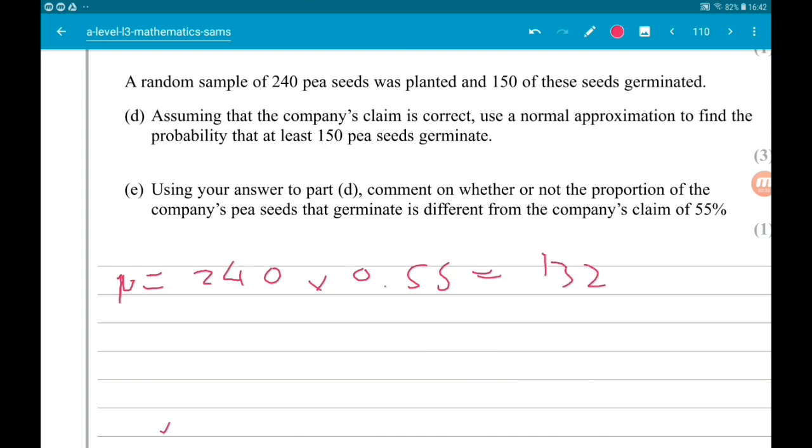And then the variance is np(1 minus p), so 132 times 0.45. And that gives us 59.4.